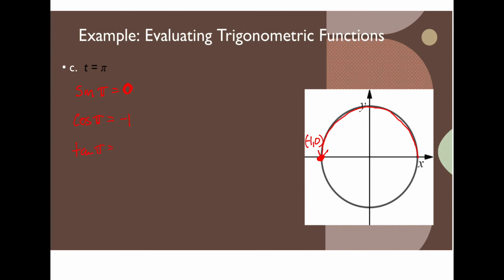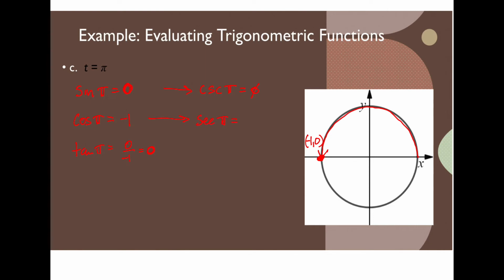Tangent of pi is y over x, so 0 over -1, which is 0, which means the reciprocal of sine is my cosecant. So cosecant of pi is going to be the reciprocal of 0, which can't be done.